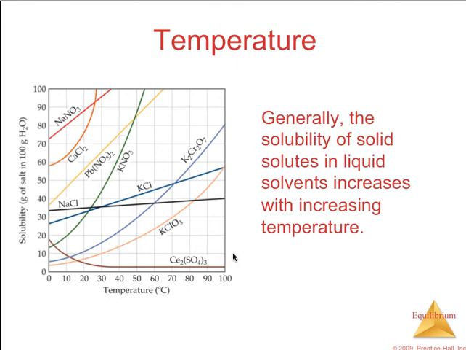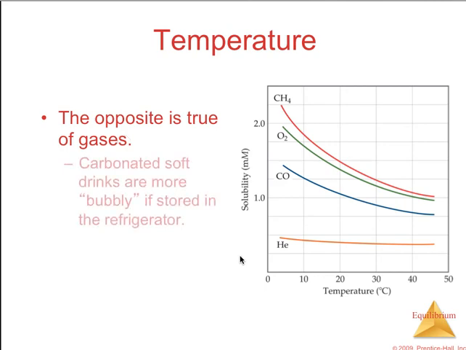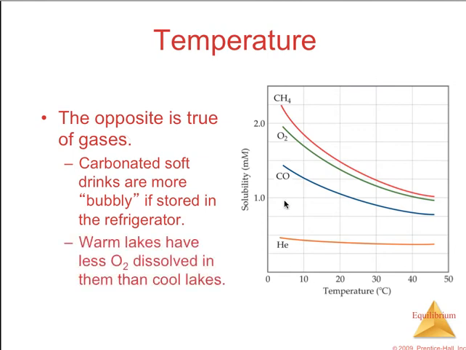Okay, but generally speaking, the solubility of solid solutes increases with temperature in a liquid solvent. However, for gases, with solubility again on the y-axis and temperature on the x, the solubility of gases generally decreases with increasing temperature.